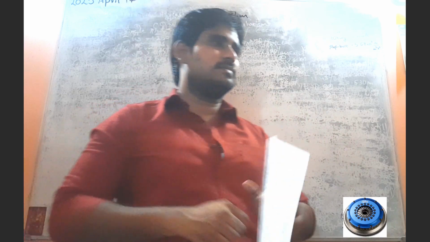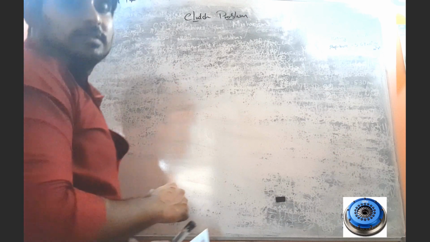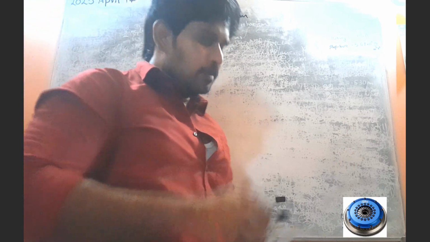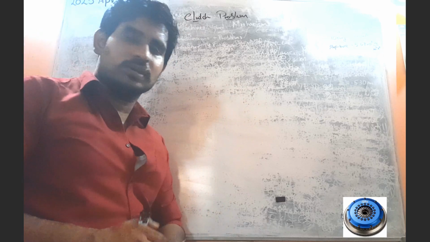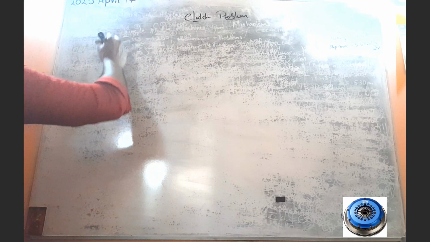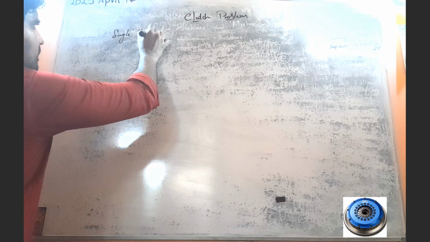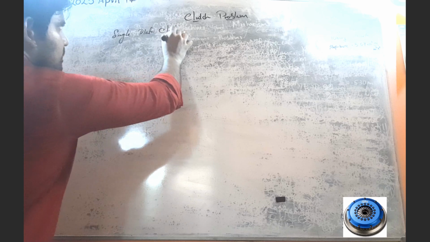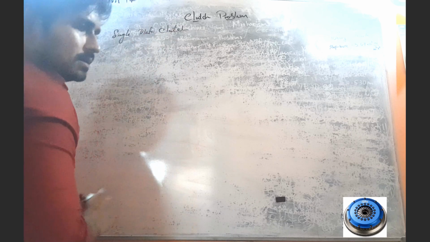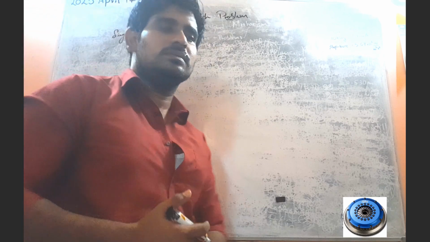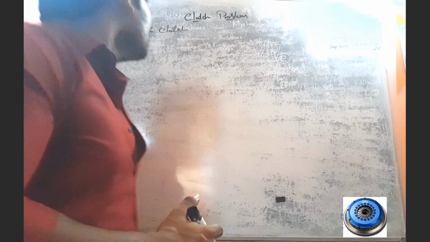So let's discuss a problem based on clutches. The problem that I'm going to discuss today is based on a single plate clutch. This is how they give us the problem.